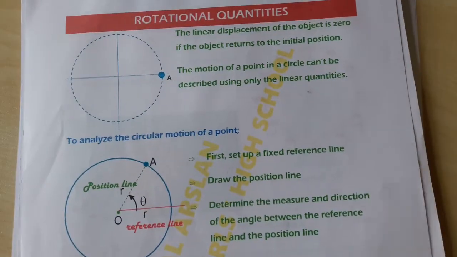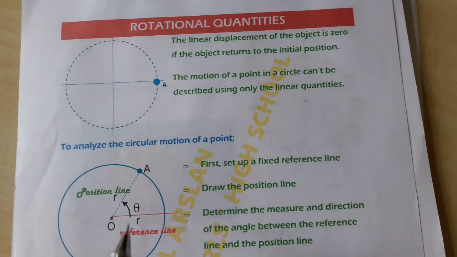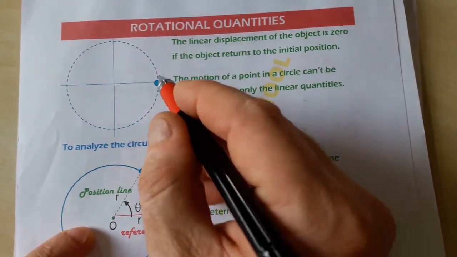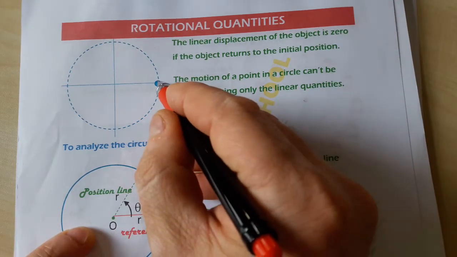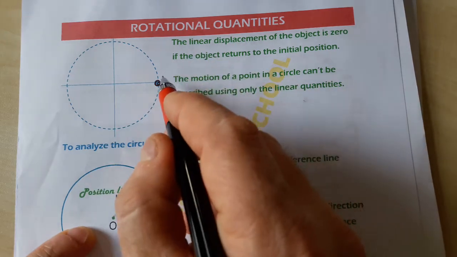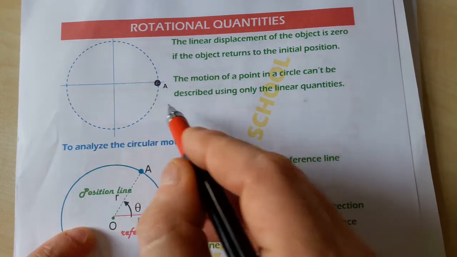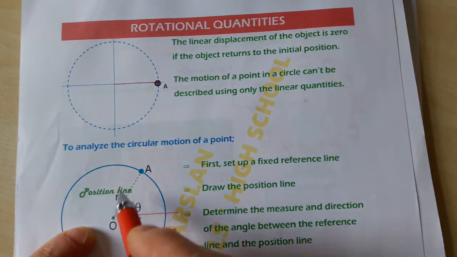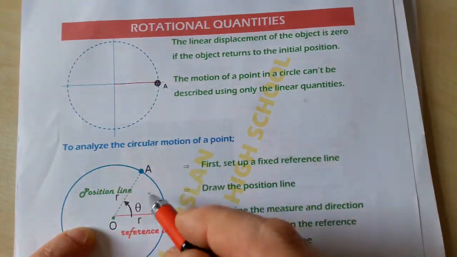So now we are going to define the circular motion rotational quantities. For example, assume that initially a point on a rotating object is right here. But later, this object starts to rotate from this point to another point. So initially it was here, then it's somewhere here.